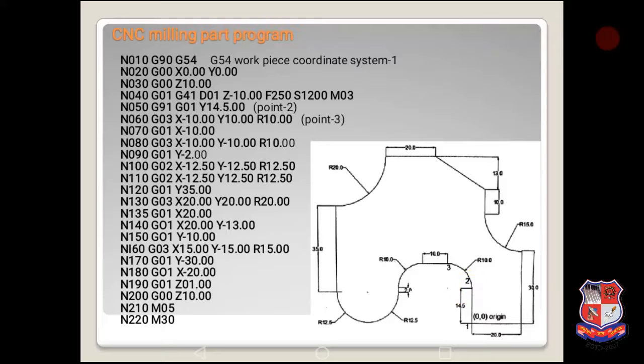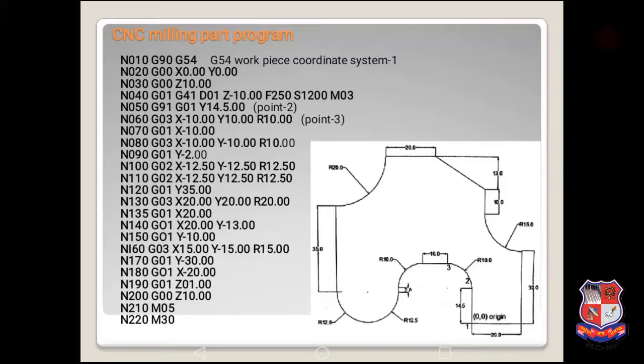Now we want to move to point number 3, and for that we have to move the cutter in circular motion, and this motion is anti-clockwise. So we have to use the command G03 as written in block N060 with the coordinate values X minus 10 and Y10 with R tag.